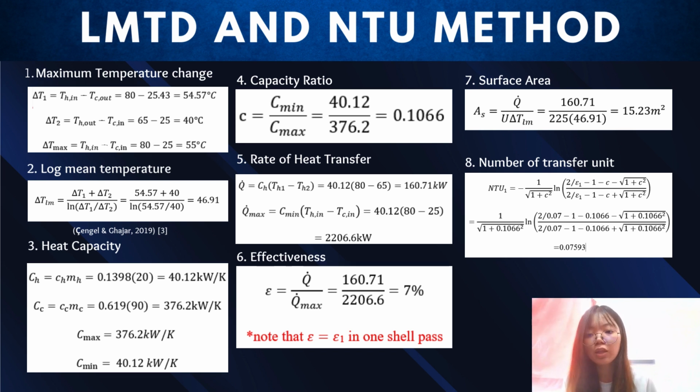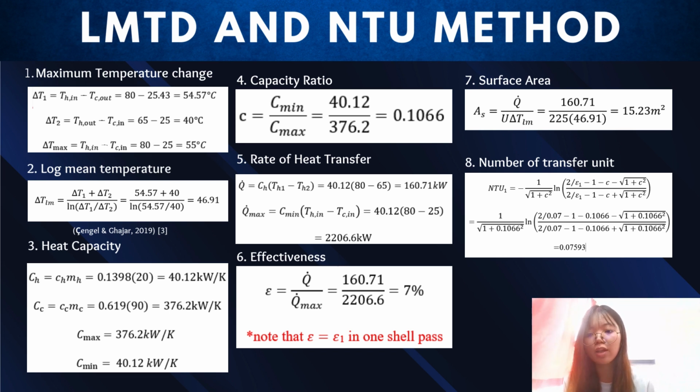And the change in T2 will be equal to the temperature of hot oil outlet minus the temperature of cooling water inlet, which will be 40 degrees Celsius. And the maximum temperature change will be equal to the temperature of hot oil inlet minus the temperature of cooling water inlet. And it will be 55 degrees Celsius.